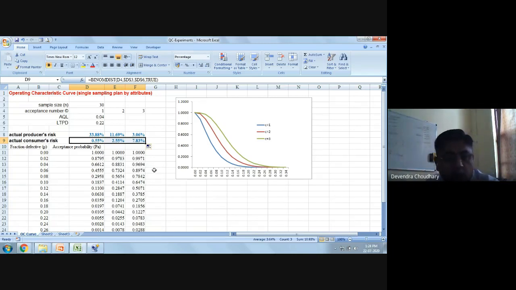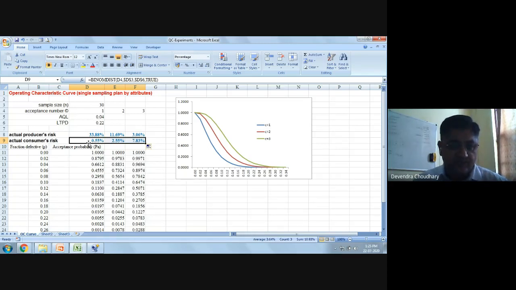I have calculated the producer risk and consumer risk corresponding to the LTPD value for different values of C and sample size. Now you observe one important thing. As I told you earlier, the consumer wants the acceptance number as low as possible, whereas the producer would like to keep the acceptance number as high as possible.